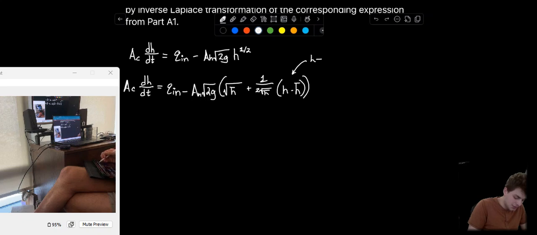So our bar terms here are going to correspond to our steady state variable, and the non-bar terms are going to correspond to our non-steady state variable, right? So at this point, it behooves us to define a term called deviation variables.